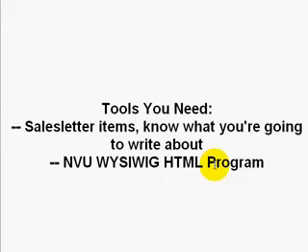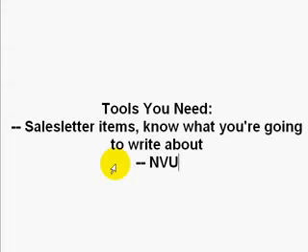You also need a program. It's called NVU. It's a WYSIWYG HTML program. WYSIWYG means what you see is what you get. So it's basically a web editor tool that allows you to edit web pages without having any knowledge at all whatsoever about web editing.